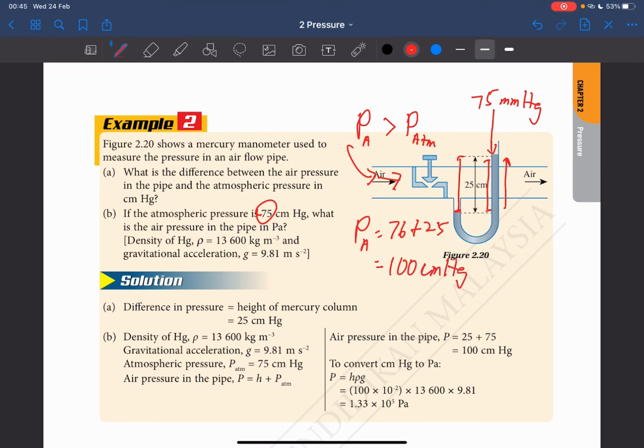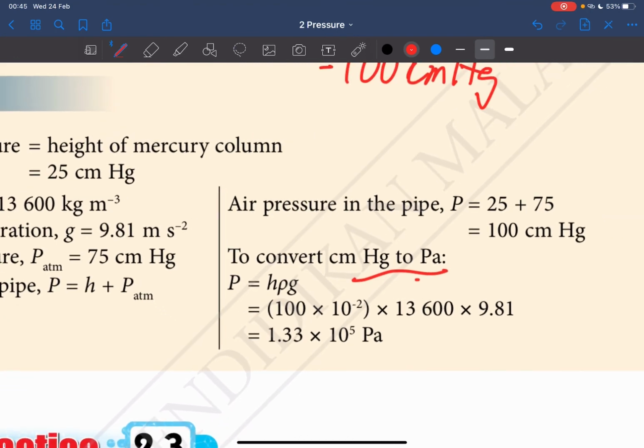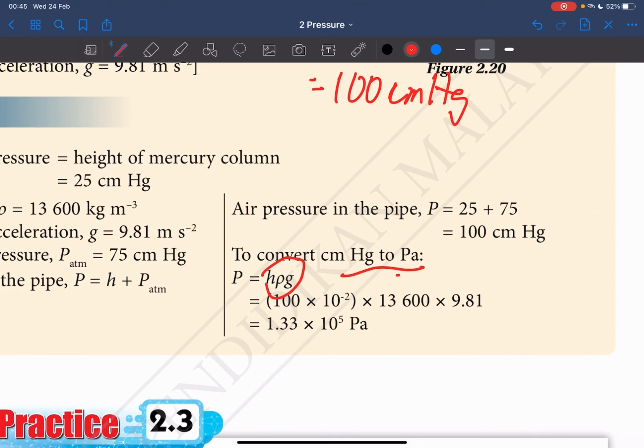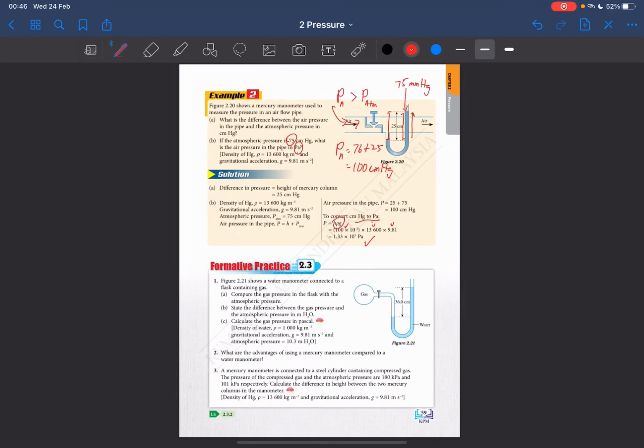The question asks in Pascal. So what you need to do is convert using the formula we have been using, H rho G. So change to meter, multiply with density of the mercury, and multiply with gravity, and you get your final answer.